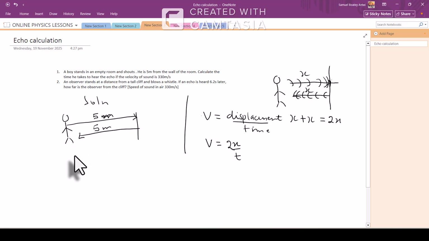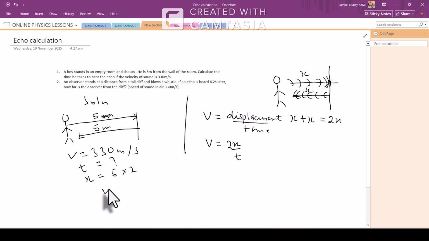Therefore, using our equation, we know our velocity is equal to 330 meters per second. Our time is what we are asked to look for. Our x is 5, but since we have two of it, times 2.